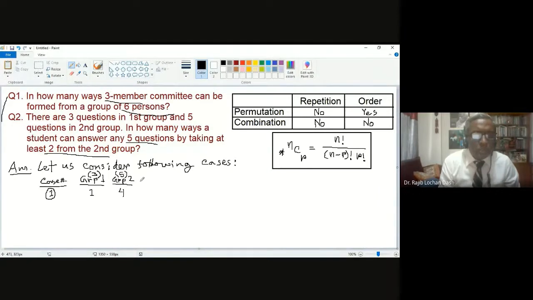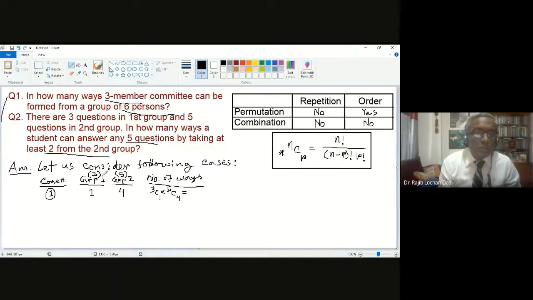So you can now consider the choices, that is the number of ways. So how is it possible? It is possible 3C1, that means one question from the first group, that is out of 3 one question, and then into 5C4. So why into?